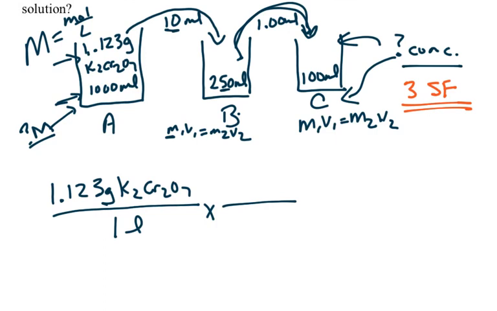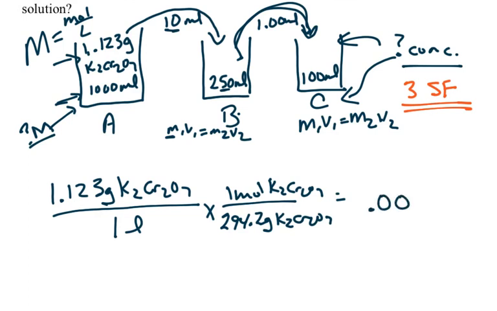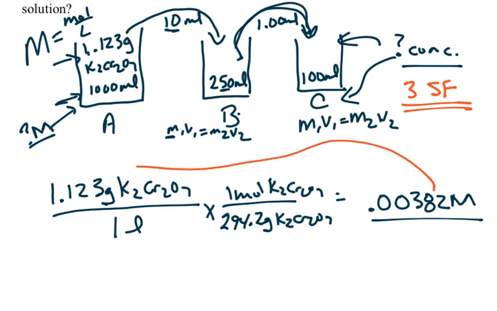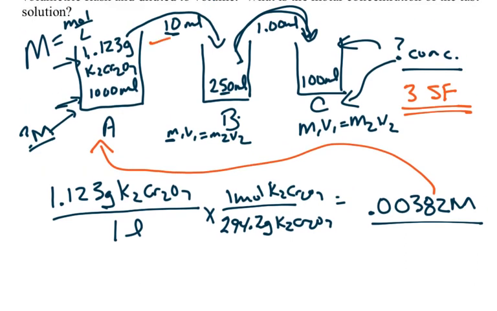And then there's 294.2 grams per mole. So we're going to start off with a solution that's 0.00382 molar. Okay, that is A. All right, now we're going to take some of that into B.